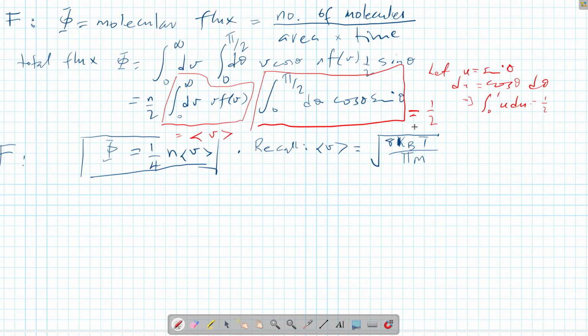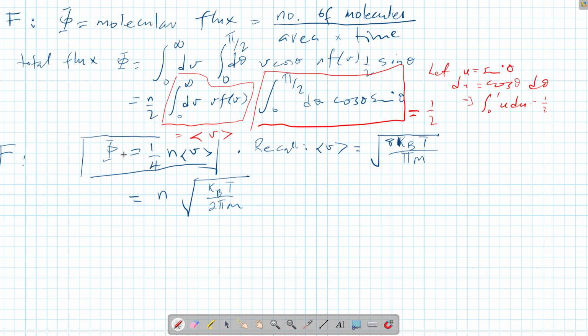Then substituting this in, you can see that we can write phi to be something like n times kB T divided by 2 pi m. You can please check this expression.